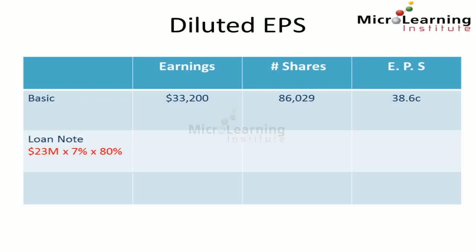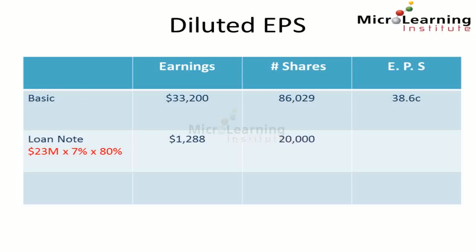However, the earnings figure that we consider for basic and diluted earnings per share is the after-tax earnings figure. As tax, we're told in this question, is charged at 20%, only 80% of the savings will be achieved to the P&L. So our earnings in the P&L will increase by $1.288 million once the loan note is redeemed.